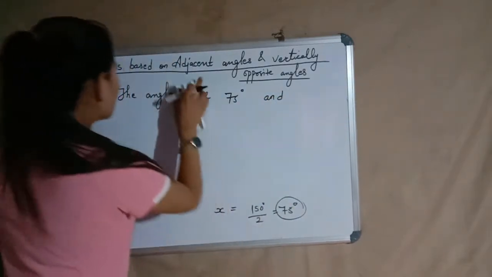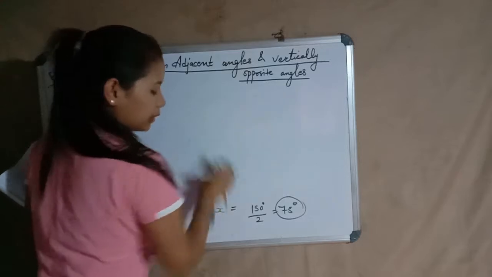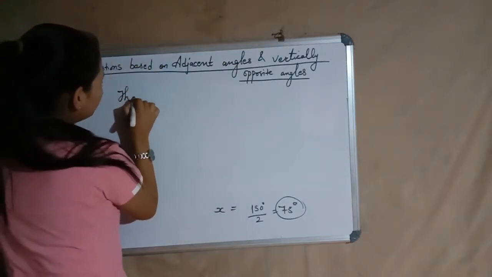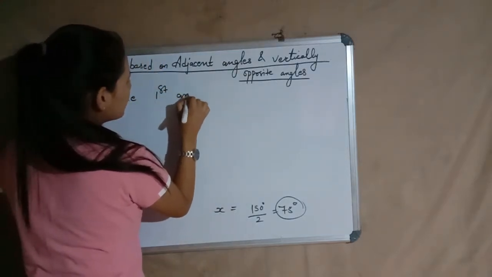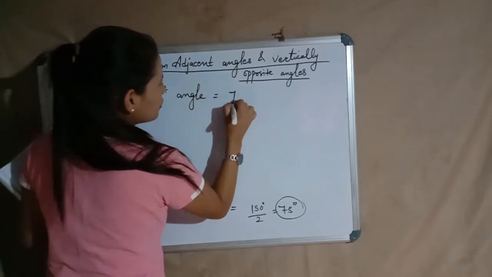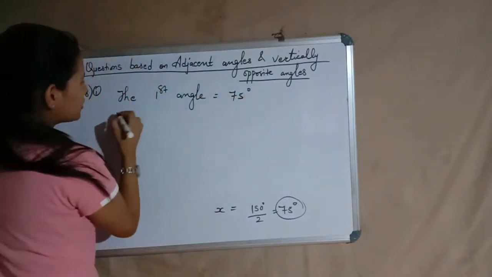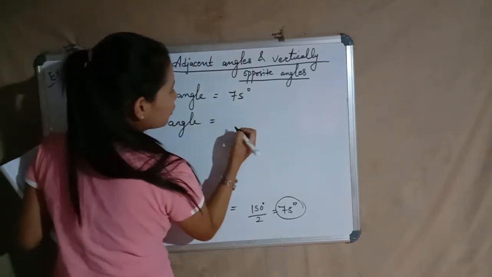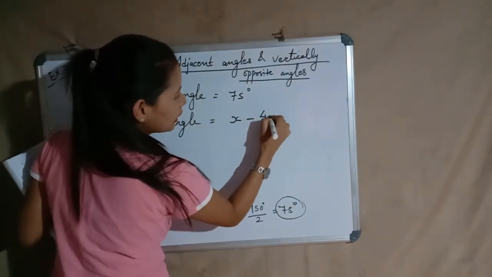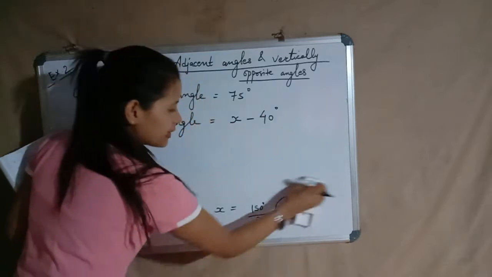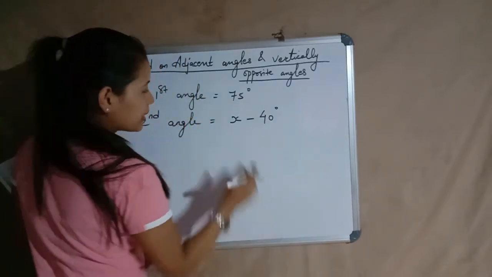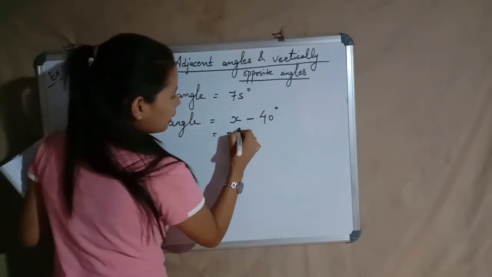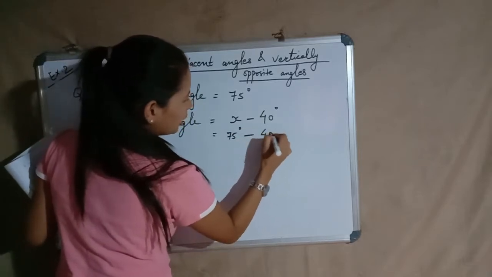Let us not complete the answer here. Let us write the first angle equals 75 degrees. The second angle is equal to x minus 40 degrees, that is what we have assumed. And we have the value of x, that is 75 degrees, so minus 40 degrees.